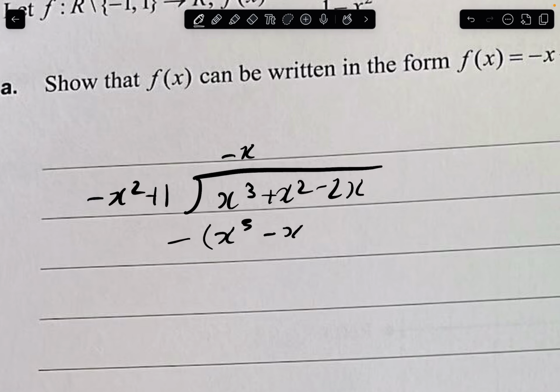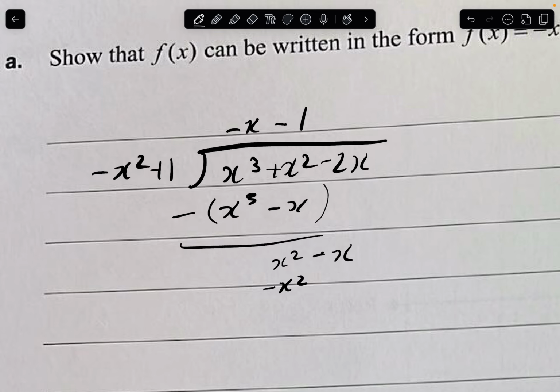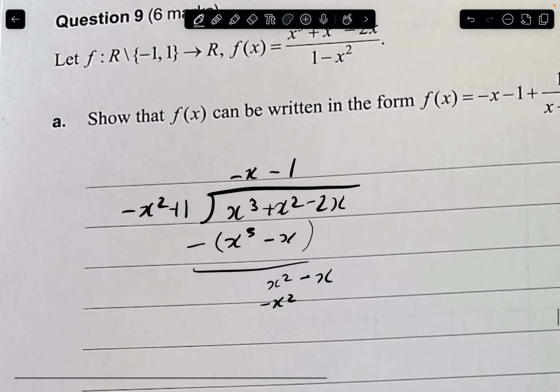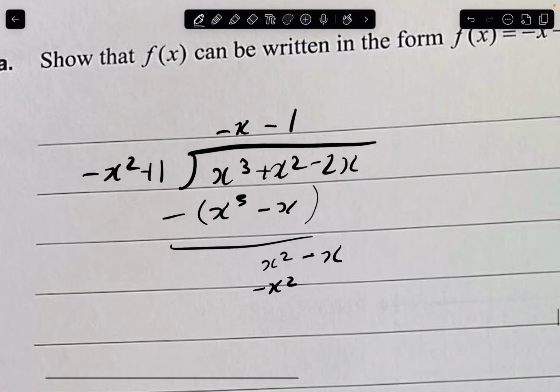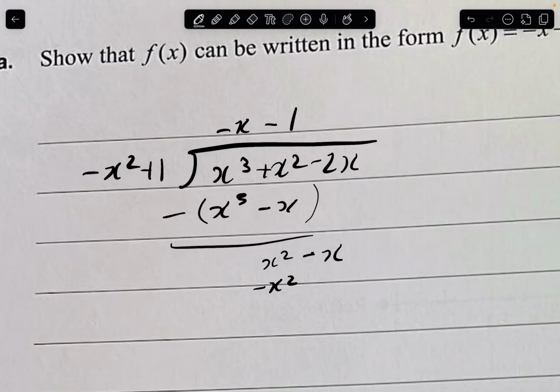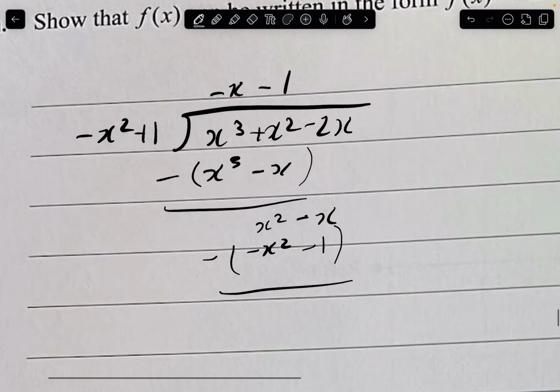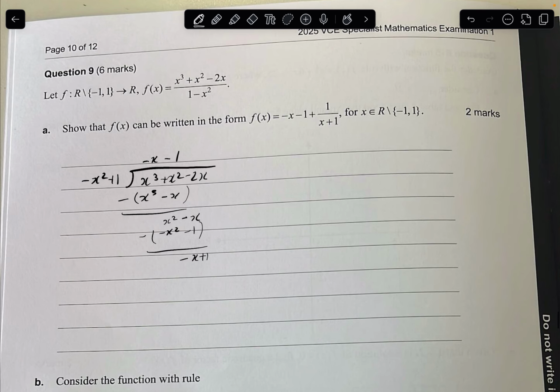So that gives you x cubed minus x, subtract, and you get x squared minus 2x plus x is minus x. And then so you say minus 1. And you get negative x squared minus 1, subtract, and you have negative x plus 1, or 1 minus x.